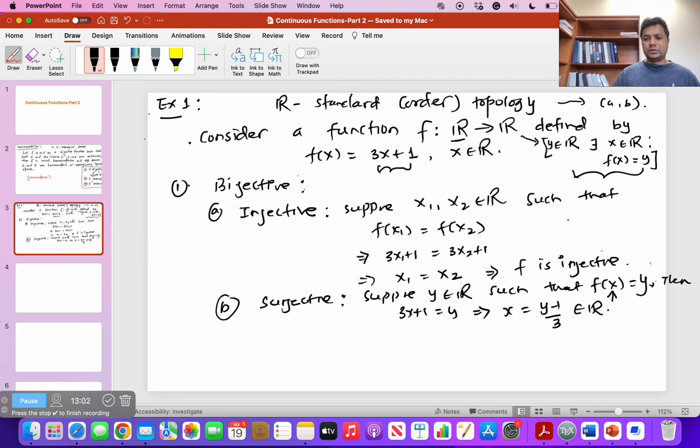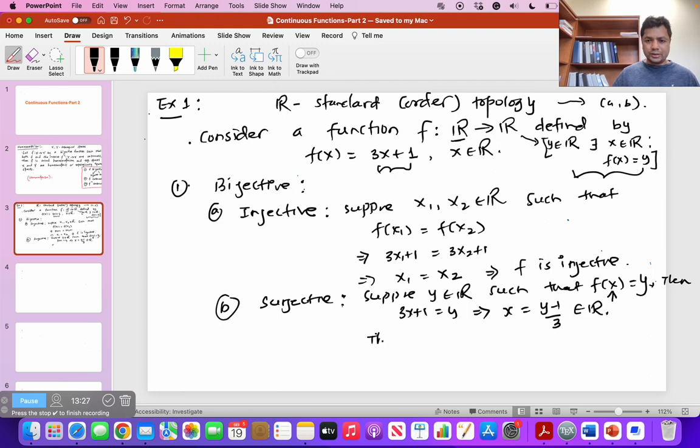So here we just showed that if we take an arbitrary element in the codomain, we can find an element in the domain, which is y minus 1 over 3, such that f of x is y.